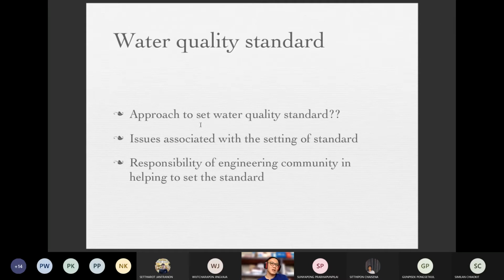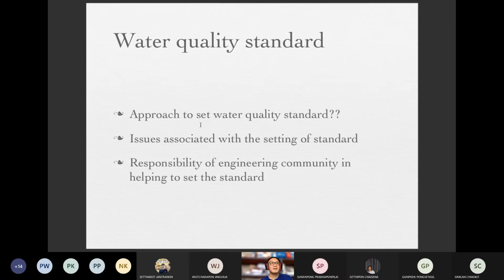So they start with the values, and then pick one of the most suitable values for each individual parameter. I just gave an example about turbidity. What should be the value of turbidity? Finally it comes to 5 NTU. 5 is not too high and not too small.